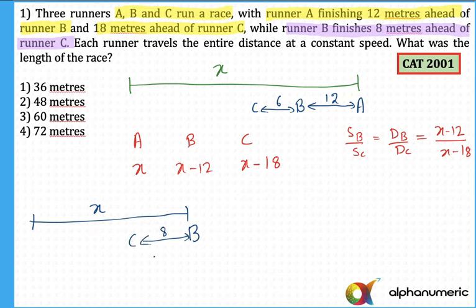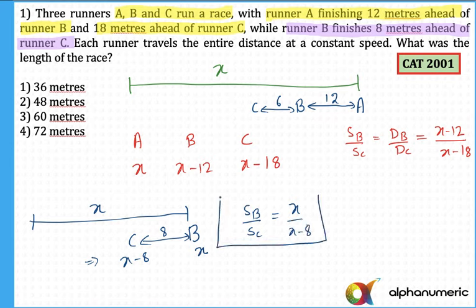Which means when B completed X, C has completed X minus 8 in the same time. Now time is constant, so if the time is constant, I am getting the ratio of speed of B to C in the second case. B has traveled X meters and in the same time C has traveled X minus 8.